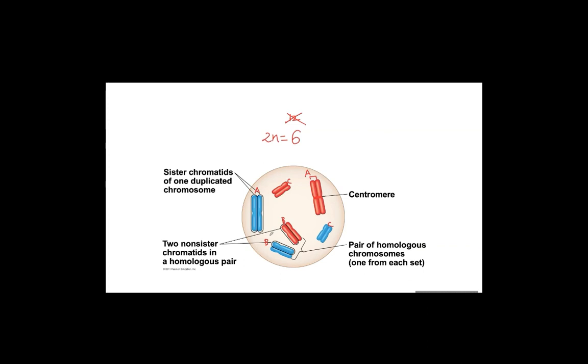A cell also shows not only homologous chromosomes, but also, when you look at this duplicated form, these are what? Sister chromatids. This is a sister chromatid, correct? But when you look at these and these, they are non-sister chromatids. That's why they say non-sister chromatid.